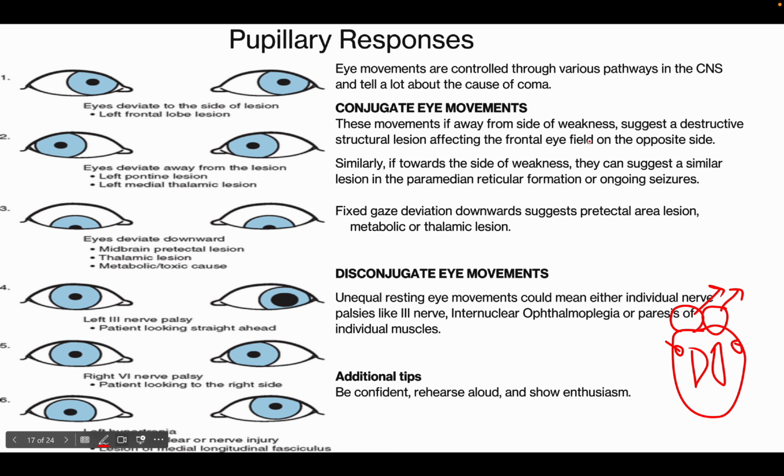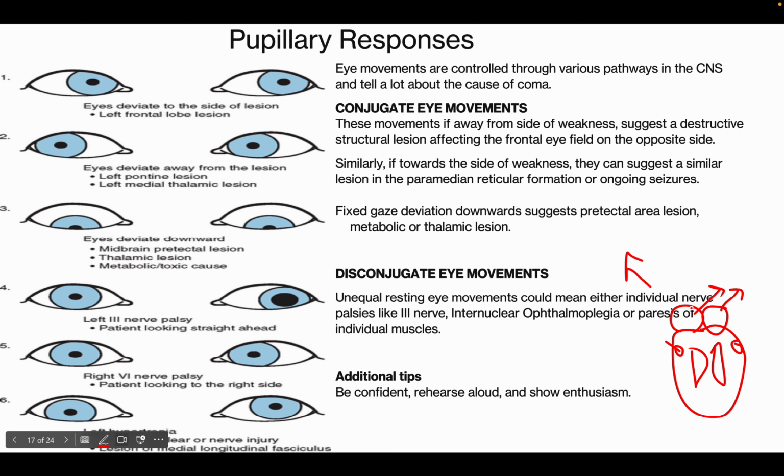So the frontal eye field lesions, for example on this side, will cause movements of the eyes away from the side of the weakness, right? So this eye field will be moving the eyes in that direction.